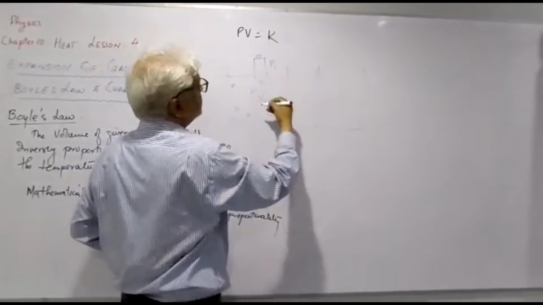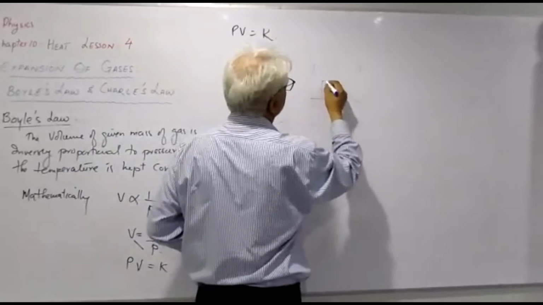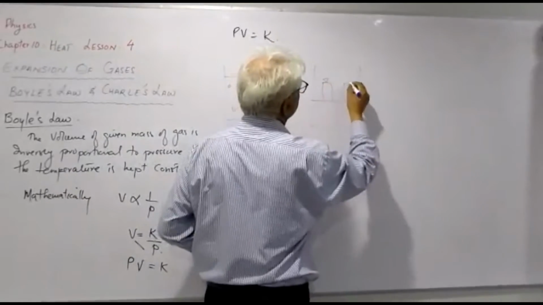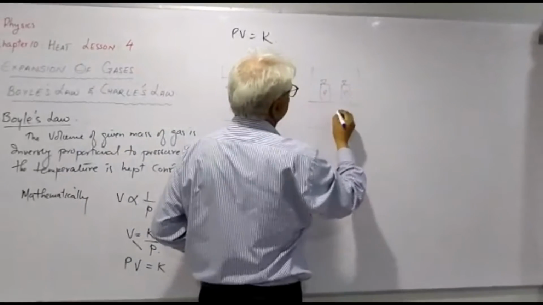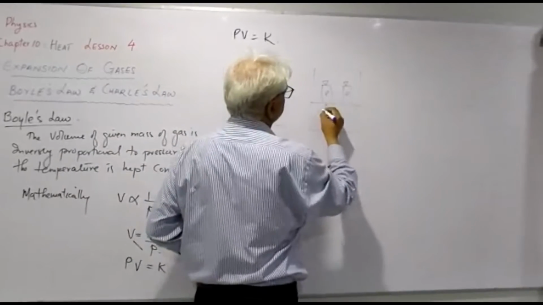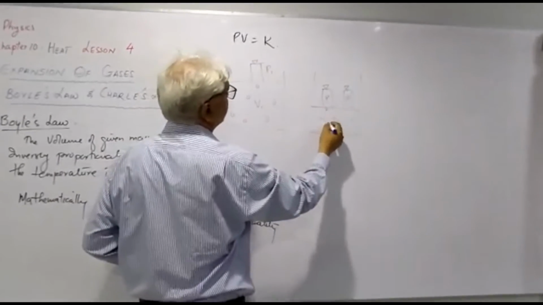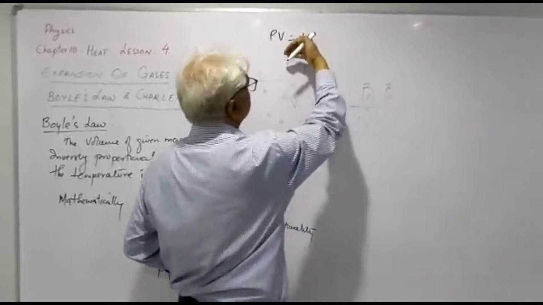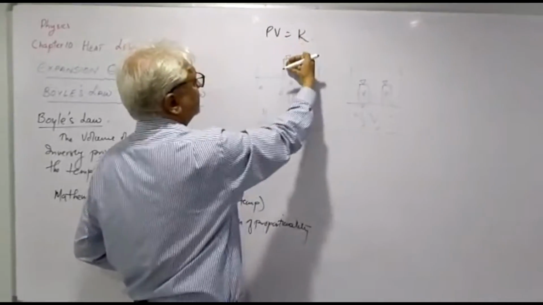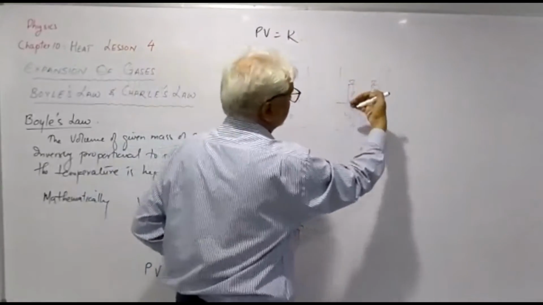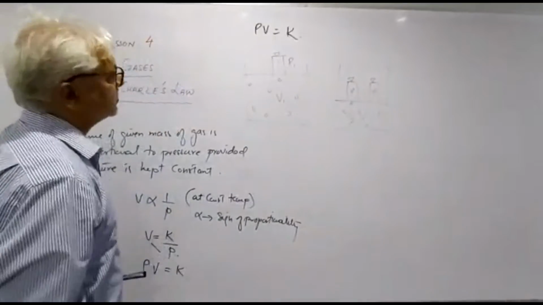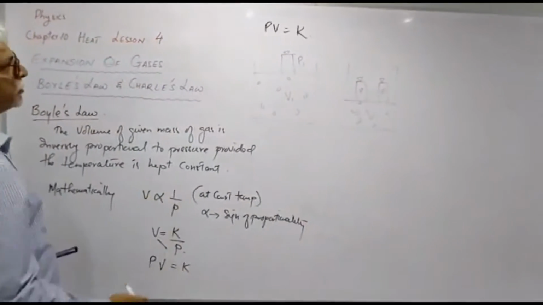So when I increase this pressure, what will happen? If I double the pressure, the volume will become half, in other words. So it's inversely proportional: less pressure, more volume; more pressure, less volume. So as you know, the volume is inversely proportional to pressure.